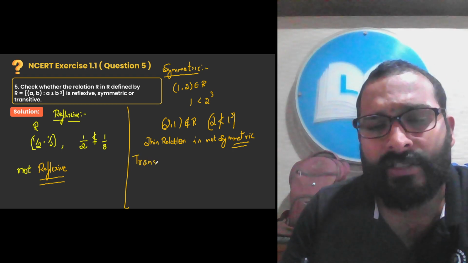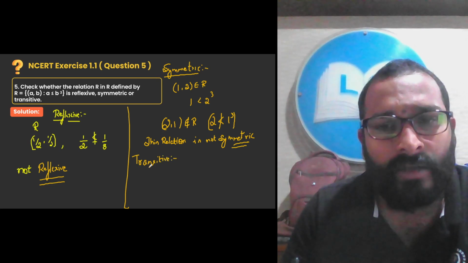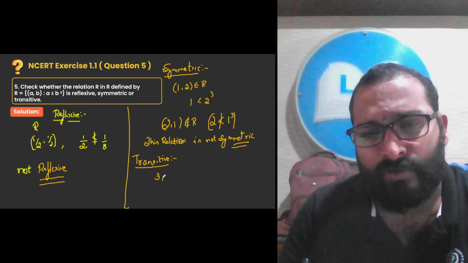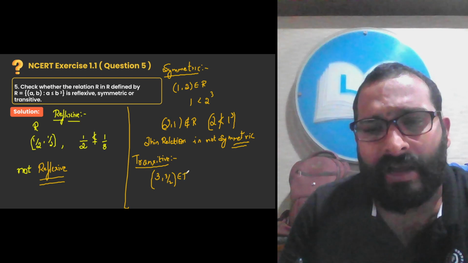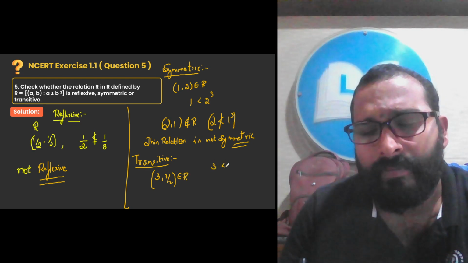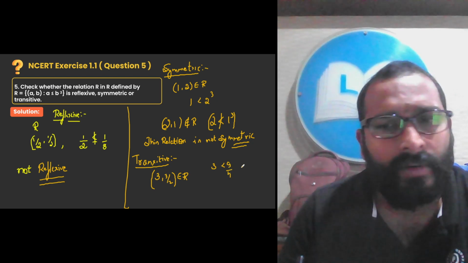And see, children, since it is given for the set of real numbers, check for this transitive condition here. I will check for the values (3, 3/2), and it belongs to R. Why am I telling this? Because 3 is less than (3/2) cube, that is 27/8. Is that true, children?